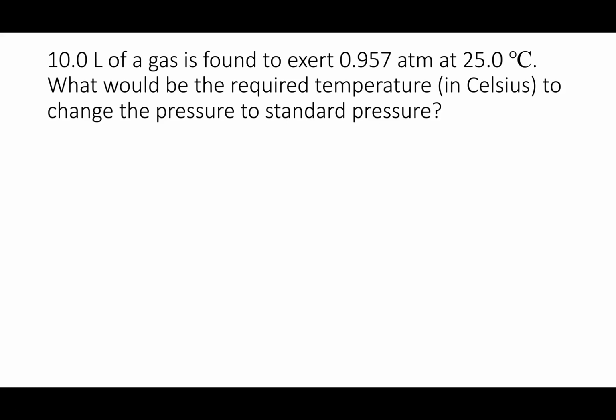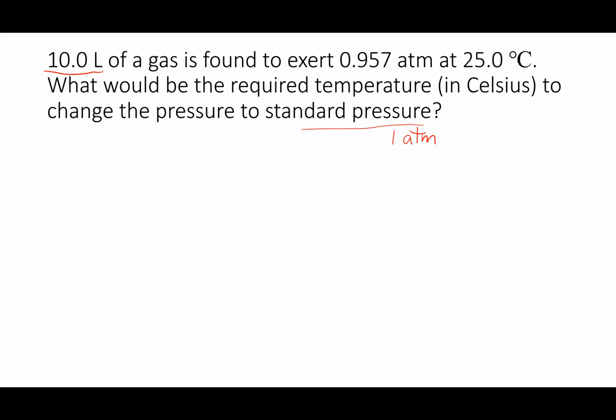So the first thing you'll have to remember is back in chapter 8.1, you learned that standard pressure means that we are looking at 1 atmosphere. Now let's read the rest of the problem. We have a volume. The reason we have a volume is so that we know volume is constant in this problem.